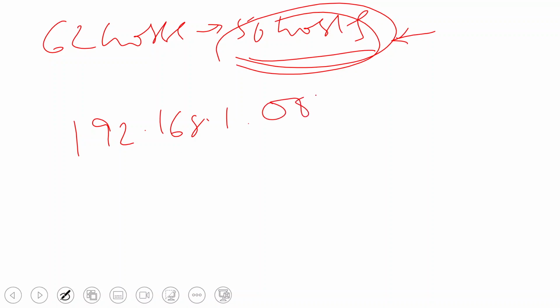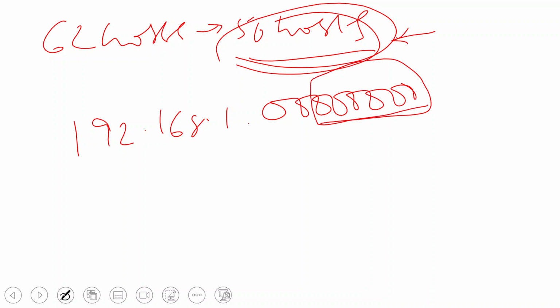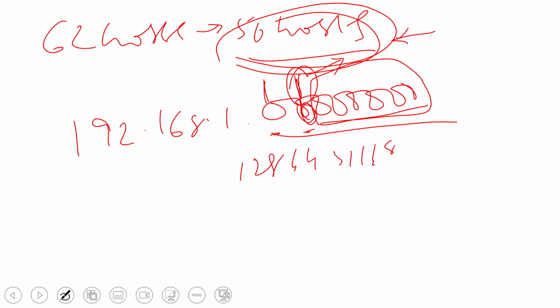192.168.1 dot, you have 8 bits, and these 6 bits are given for host bits. How do you divide the range? These 2 bits will be converted to 1. The last bit converted into 1 has a position value. I told you to remember the values: 128, 64, 32, 16, 8, 4, 2, 1. What is this value? 64.